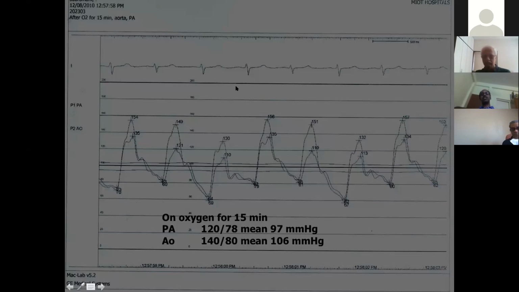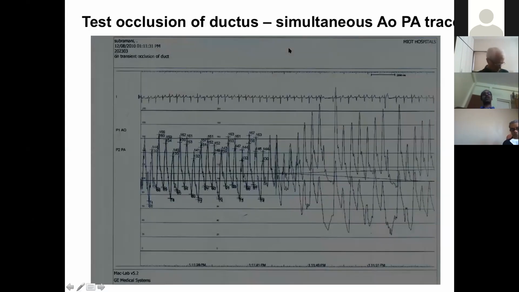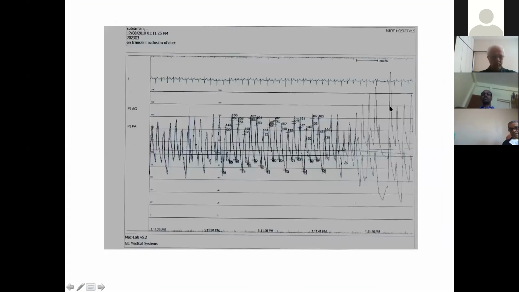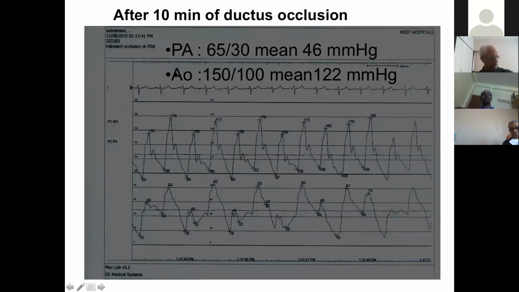It's exactly the contrary in hypertensive VSDs, where there will always be a systolic equalization and diastolic pressures can become lower in the pulmonary artery. Test occlusion of the ductus gave a separation. The separation was reasonably convincing, and after 10 minutes of test occlusion, there was a good amount of separation.